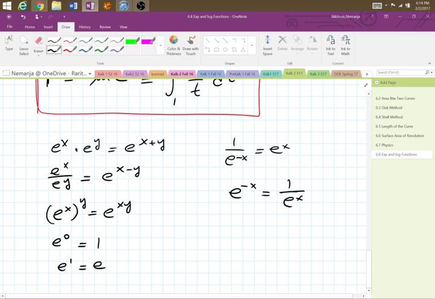Now also, if you have a e to the x, it's going to be a to the x, e to the x. And a over e or e over a, whatever, maybe e over a is better.